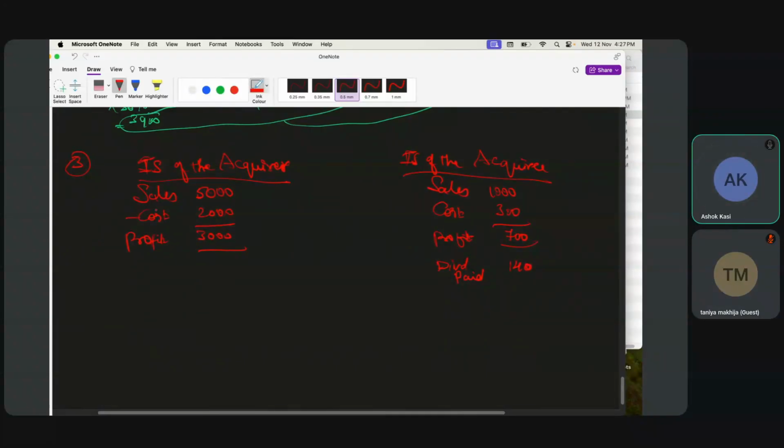Now I will continue the income statement. Two things to remember: profit and depreciation.